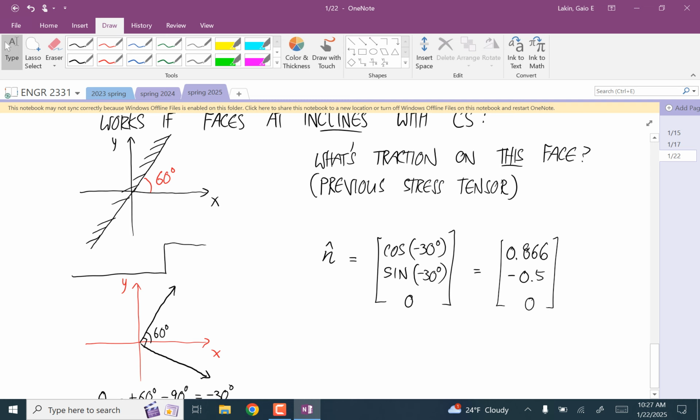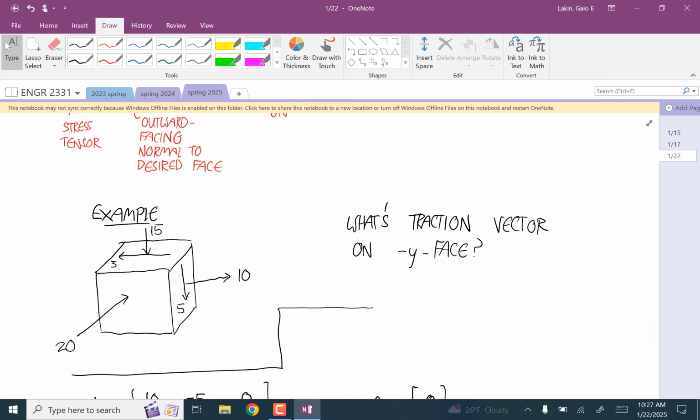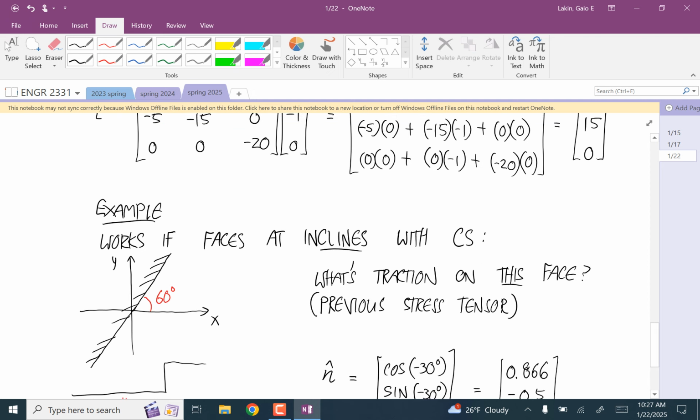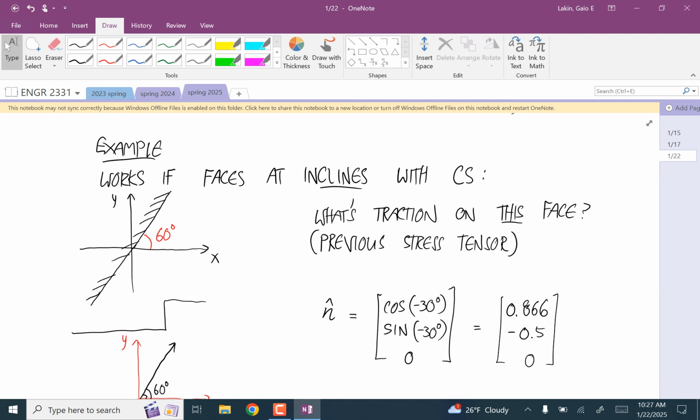And so now it's saying, okay, microscopically, we can picture what's happening at this point this way. But now imagine that that's happening microscopically, but it's happening on a face that's at this angle. And now we're going to figure out what the tractions have to be on that face. It is complicated.